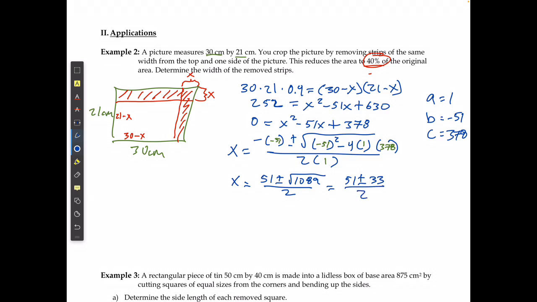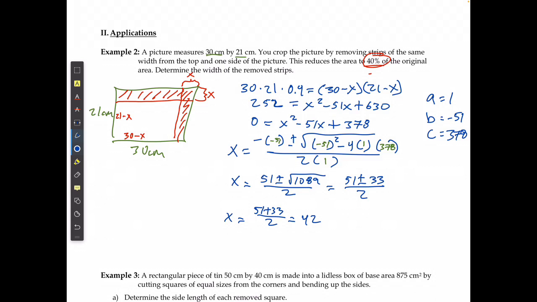So I have two possibilities. One is going to be x is equal to 51 plus 33 over 2, which would give me, in this case, 42. Well, that doesn't make any sense.